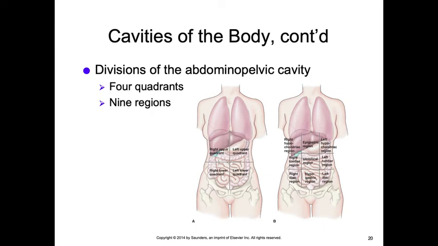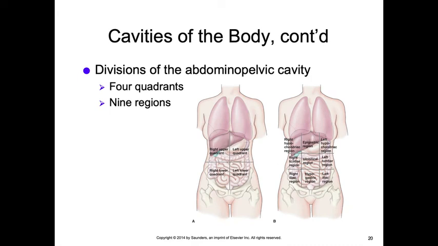We should also point out that the kidneys are going to be in the right upper and left upper quadrant, very close to the posterior of the body. Okay, so they're right about where the rib cage ends.